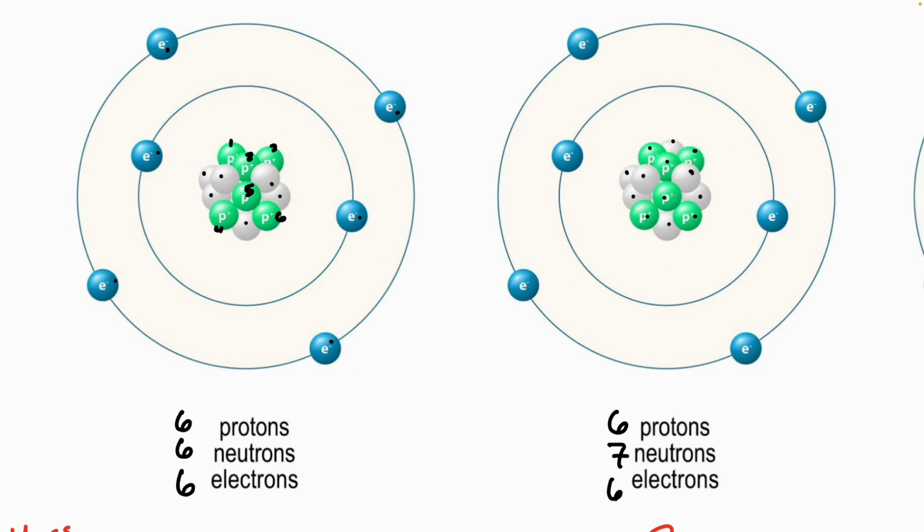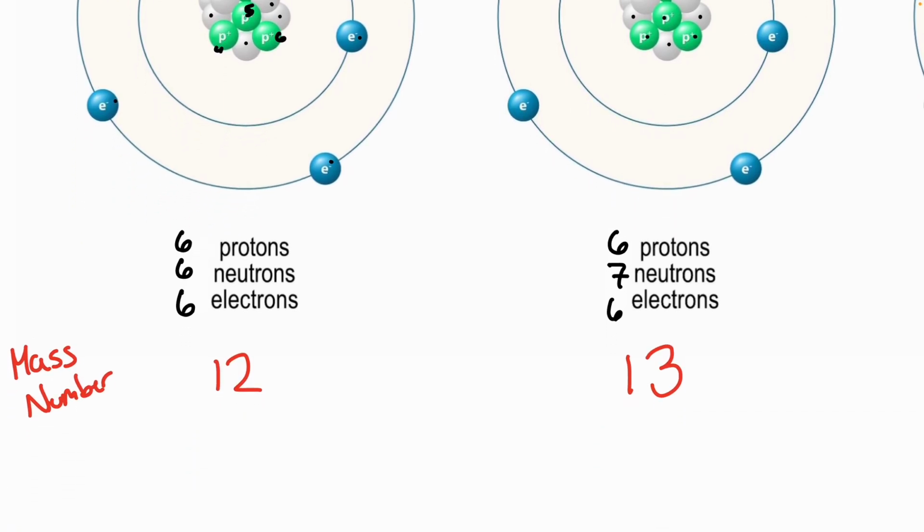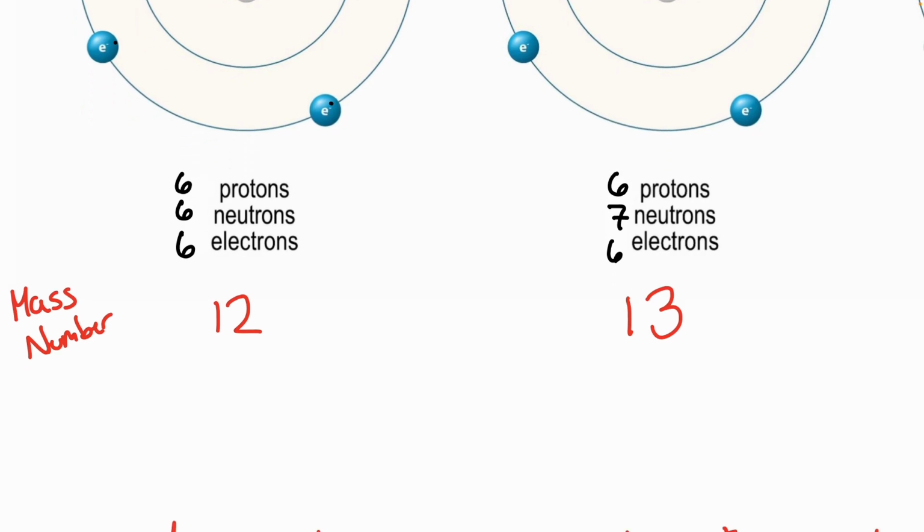Remember, the protons are positively charged, and I have 6 of them. So that means that in the center of this atom, I have a total charge of +6. But then I have these electrons on the outside, and each electron has a charge of -1, right? So the positive charge in the middle is canceled out by the negative charge on the outside. So the net charge of this particular atom would simply be 0.